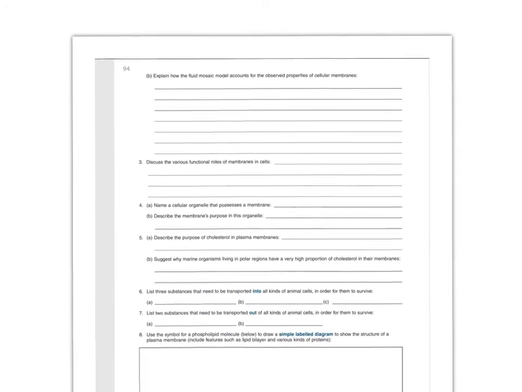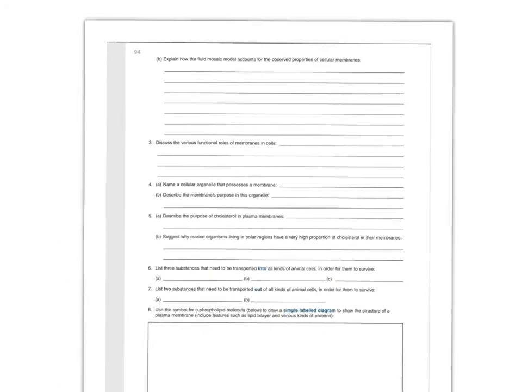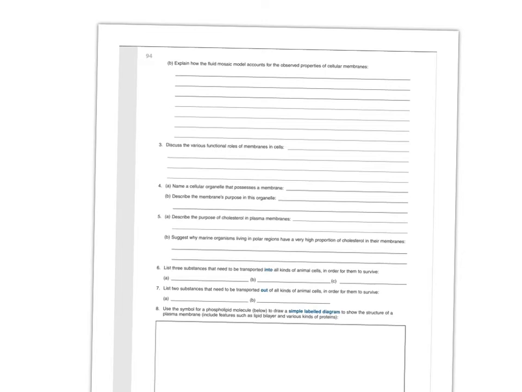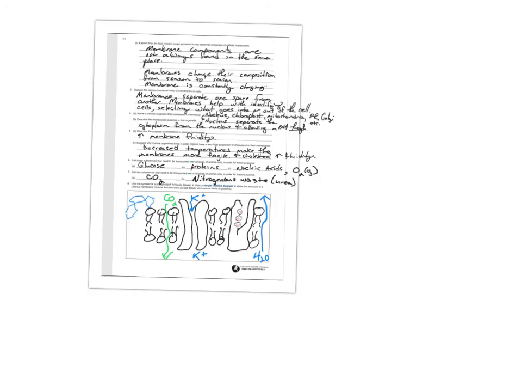So, explain how the fluid mosaic model accounts for observed properties of cell membranes. Well, one of the things that you'll see in cell membranes is that membrane proteins or components are not always in the same place.